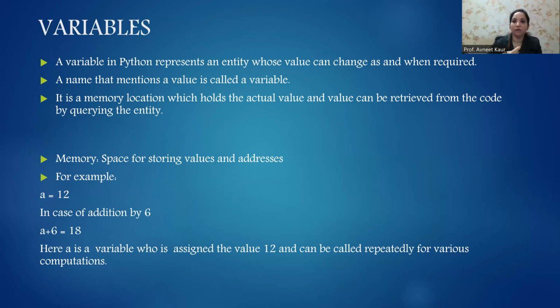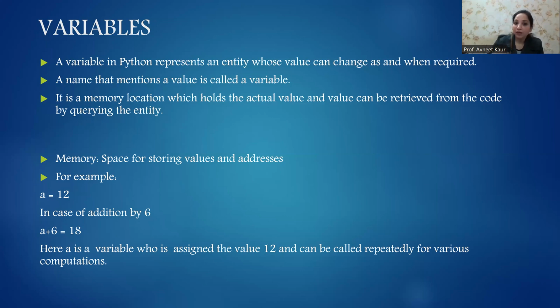Whenever I want to use this value 12, instead of writing 12 plus 6, I can just call this variable a and write a plus 6, which is equal to 18. So I can repeatedly use this variable for my further computations. This is very beneficial.